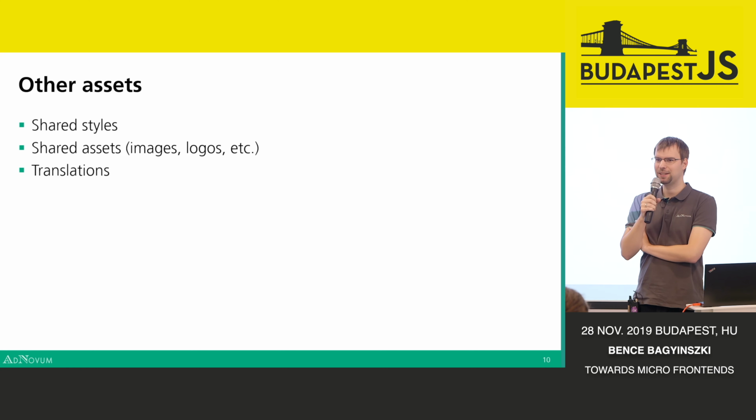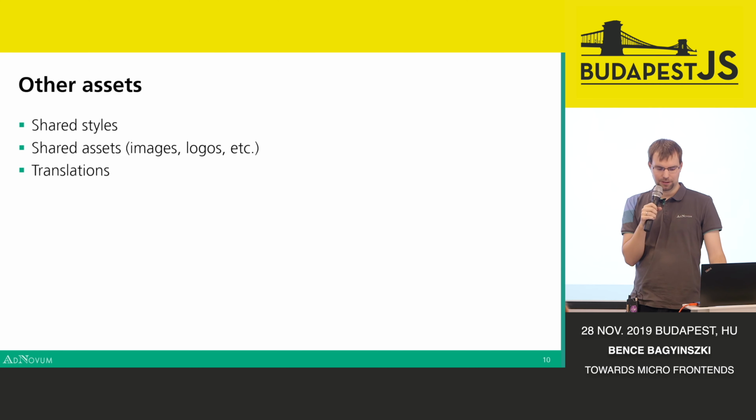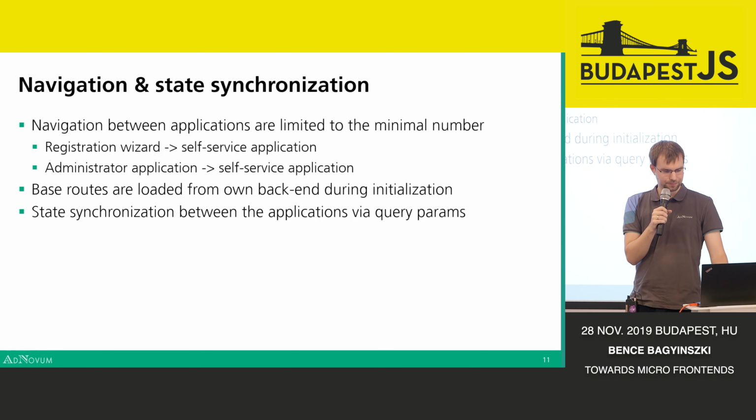Well, I can tell you that this is not fun. But after this is done and these keys are prefixed according to the modules, then a simple ngx-multi-http-loader can do the job. So with the help of that, you can easily use multiple translation files.